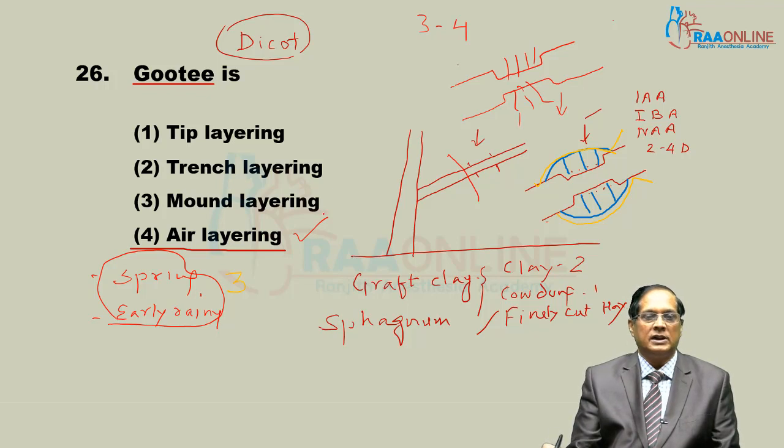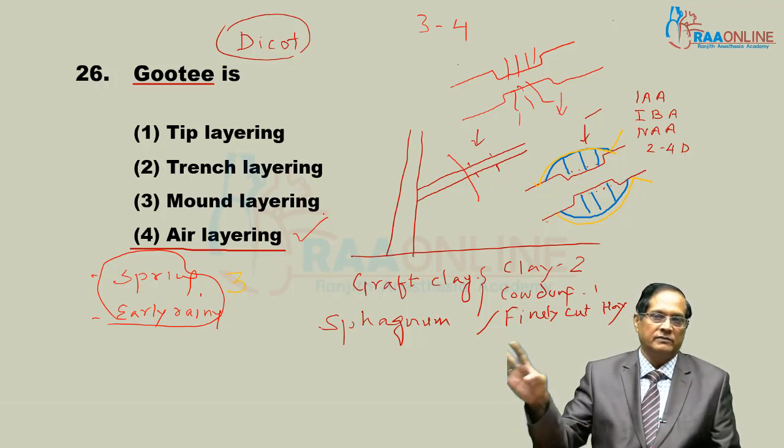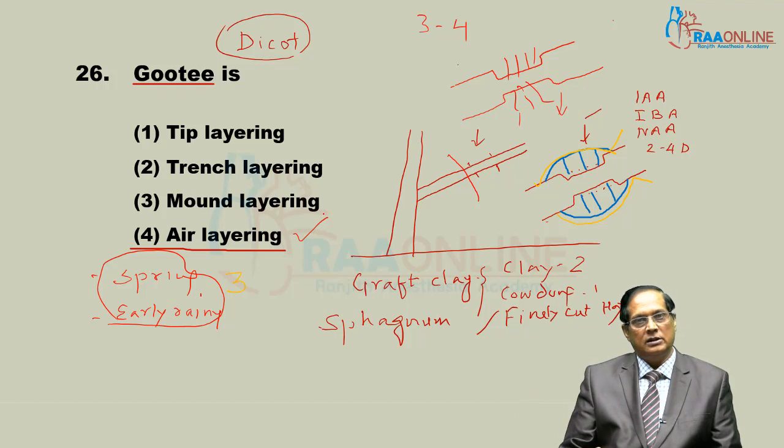Other types are tip layering, trench layering, mound layering. In tip layering, the branch is bent, then again a small cut is given for the rooting purpose, and after rooting, that particular branch is separated from the plant and planted somewhere else as a new plant.